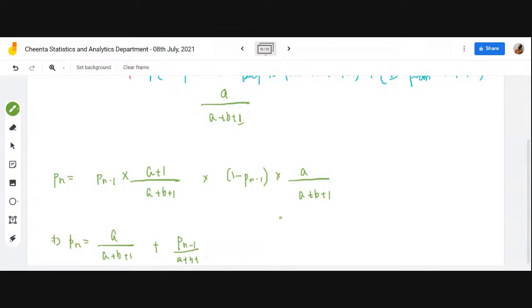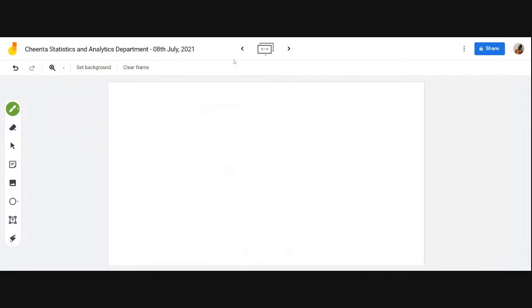So you will get that Pn is equal to some constant alpha plus beta into Pn minus 1. Okay. And let's understand P1. P1 is what? Initial one. It's A by A plus B. Okay. So you have to solve this following recurrence relation.